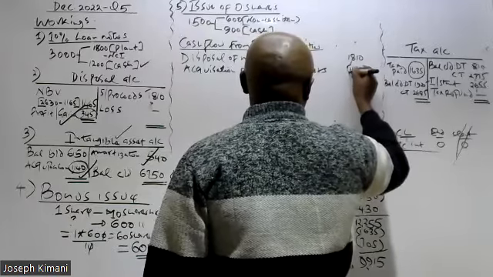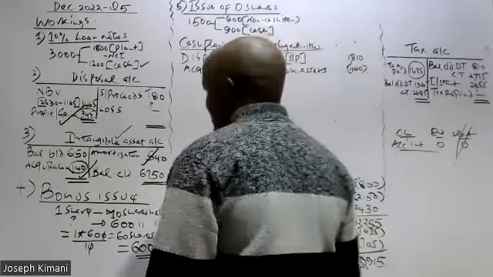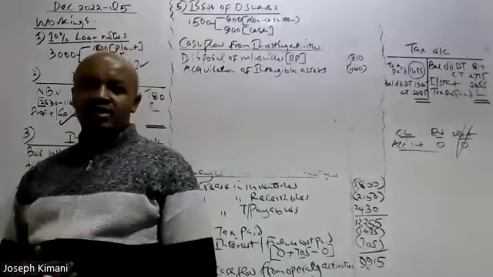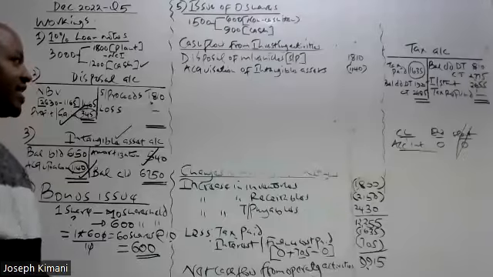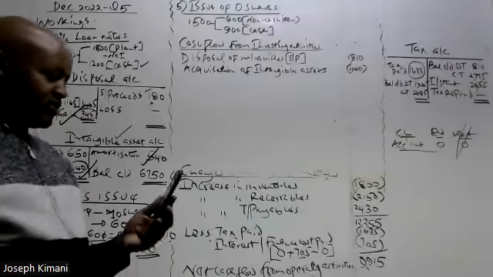Once the company acquires assets, that involves cash outflow. So we record that figure there as a negative. As a negative, it is a cash outflow. So that's what we have.